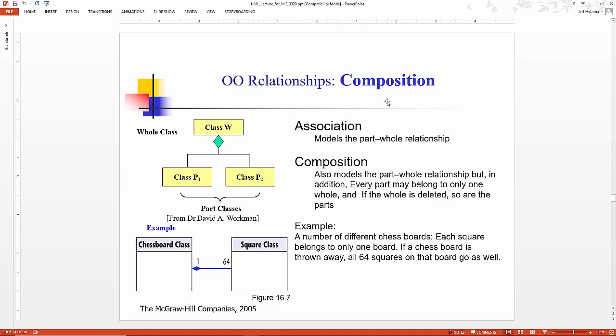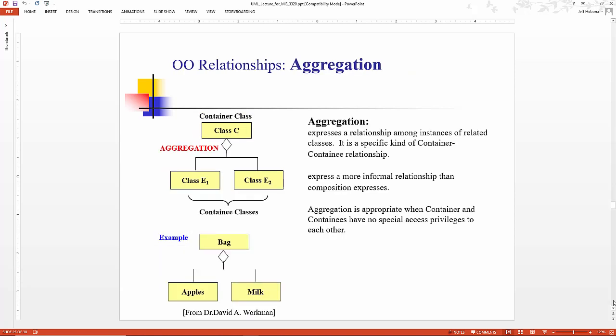Note that composition is really a strong form of association. Components, the parts, can only have one owner. Components cannot exist independently of the owner. If the chessboard is destroyed, all the squares are destroyed as well. Here's another type of relationship in class diagrams: aggregation.